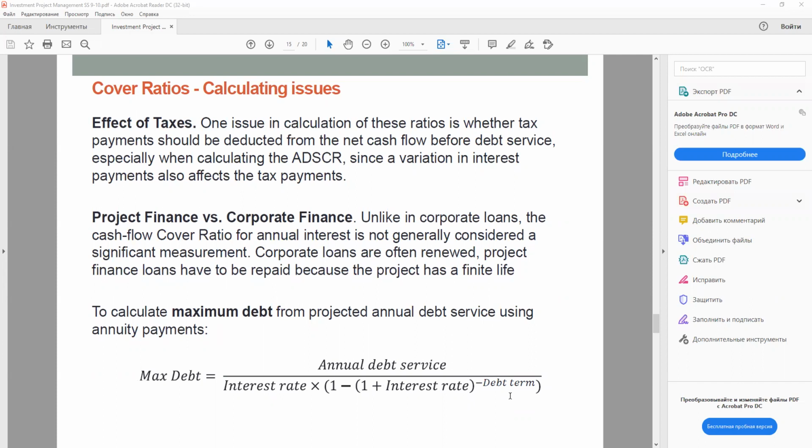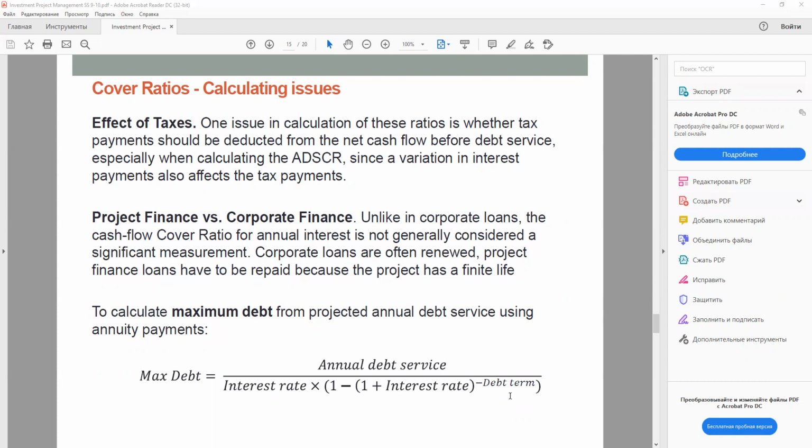And in respect of comparison of project finance and corporate finance, it should be noted that unlike corporate loans, the cash flow cover ratio for annual interest, as opposed to the total debt service, is not generally considered a significant measurement.